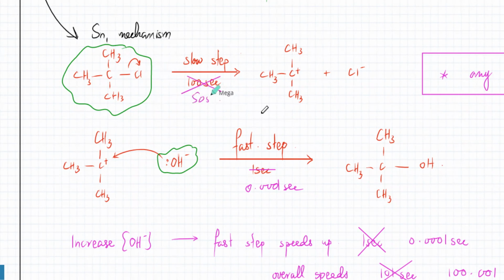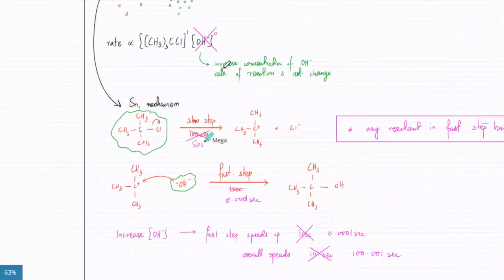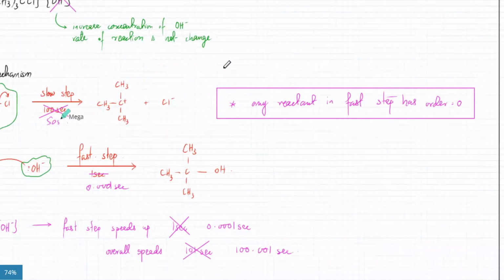So now what happened to the overall speed of the reaction? It went from 101 seconds to 51 seconds. So all of a sudden the reaction is speeding up. So that indicates that any reactant that's involved in the slow step is your rate determining step. So the rate of the reaction depends on the slow step.